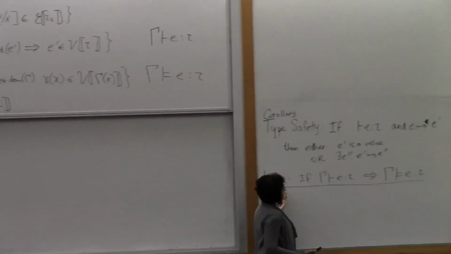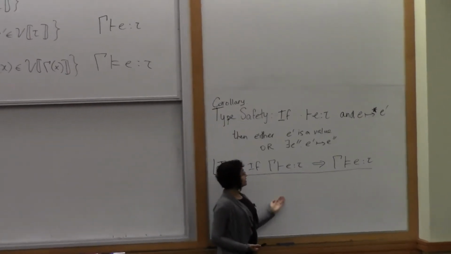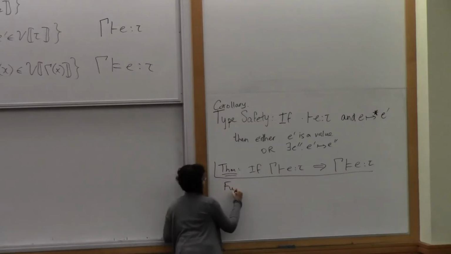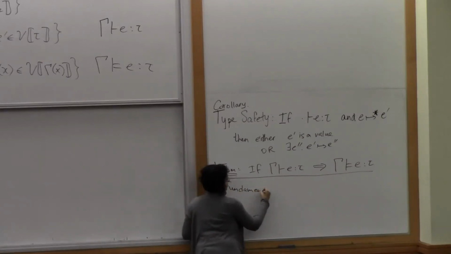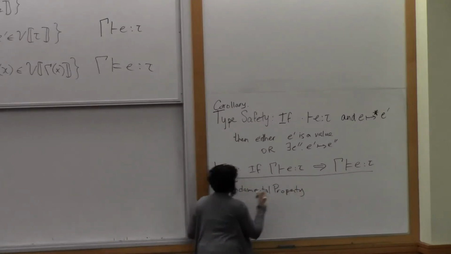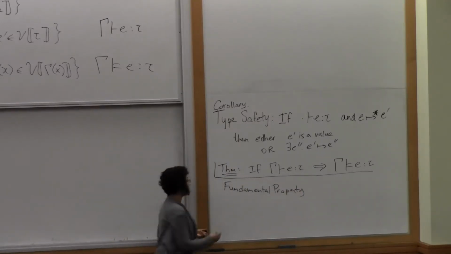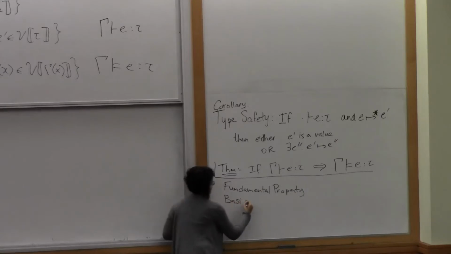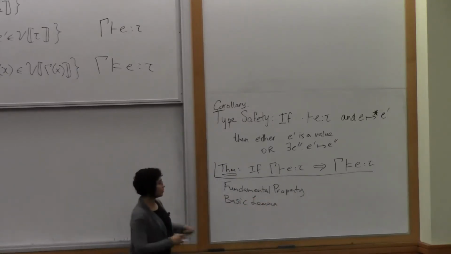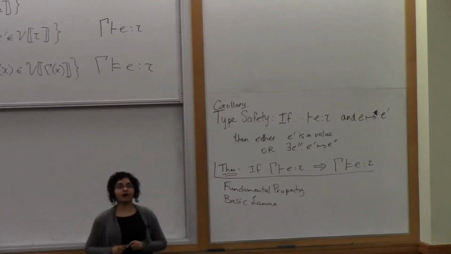So this theorem is saying that if something is well-typed, then it belongs to the logical relation. This theorem is known as the fundamental property. It's called the fundamental property of logical relations. It's also called the basic lemma. So in papers that you read, you will see it called one or the other of these.